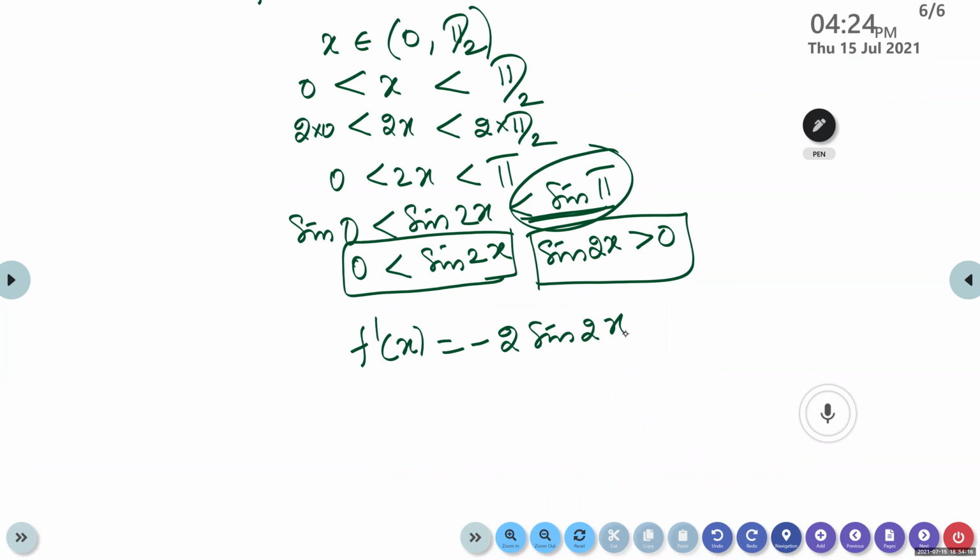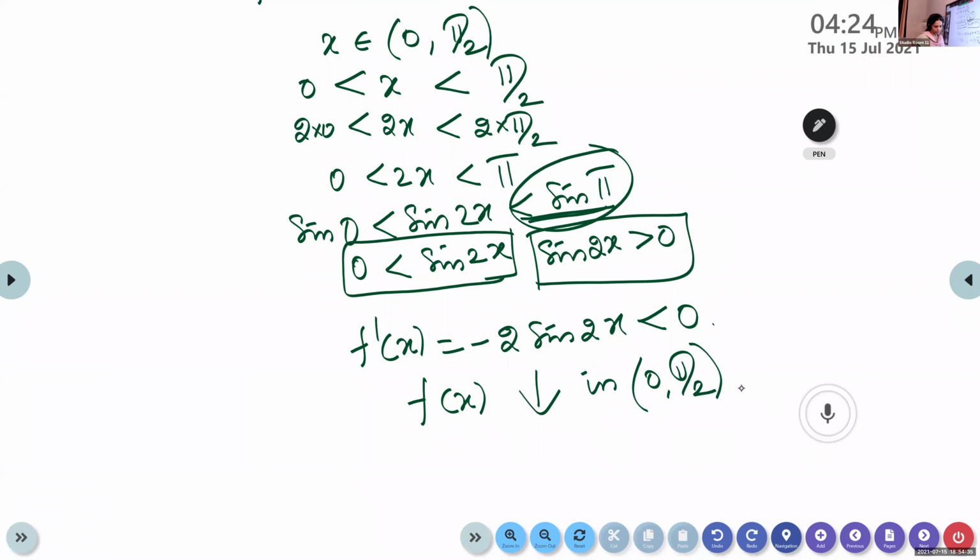So it will be negative. f dash of x will be negative. So f of x is decreasing. Therefore, f of x is decreasing in the interval 0 to pi by 2.